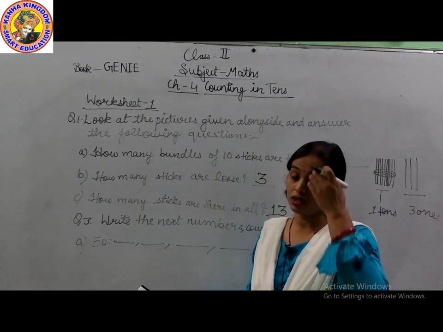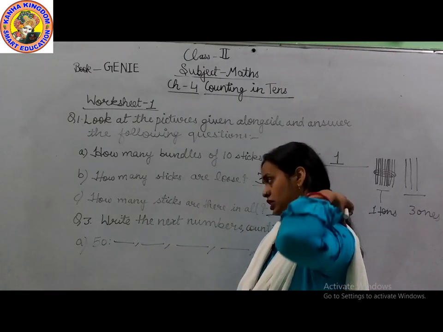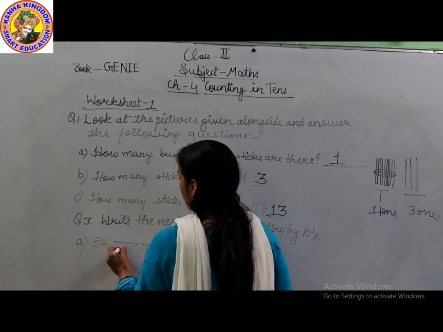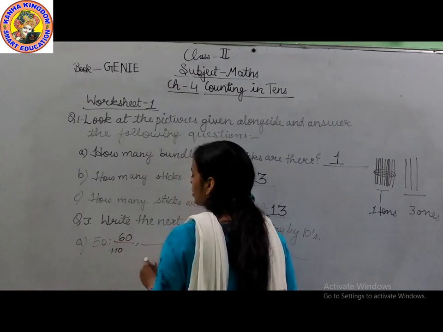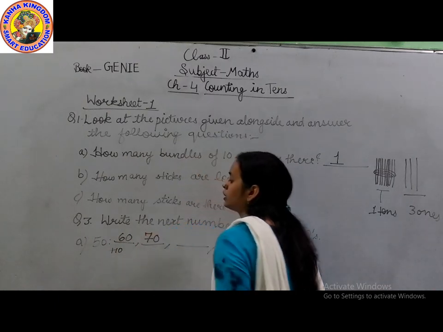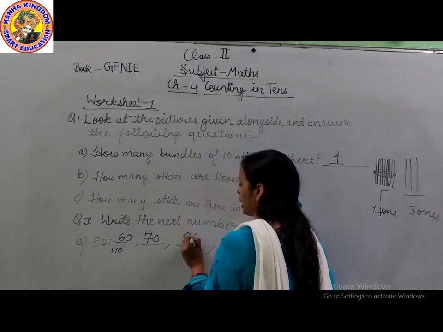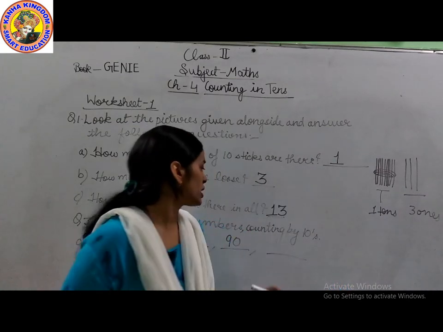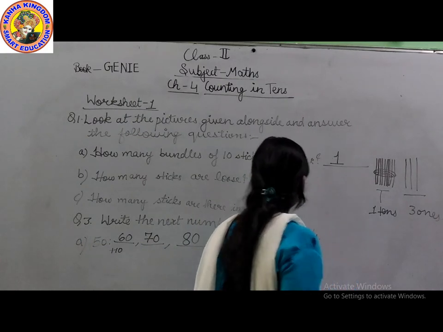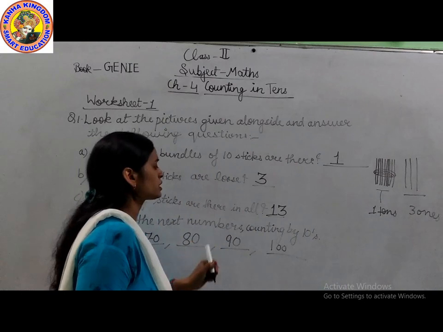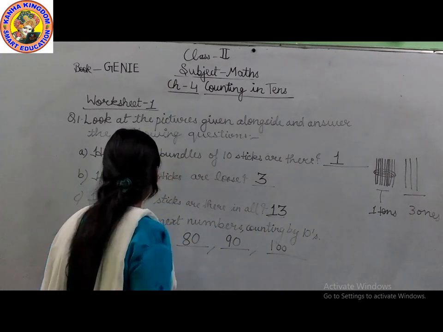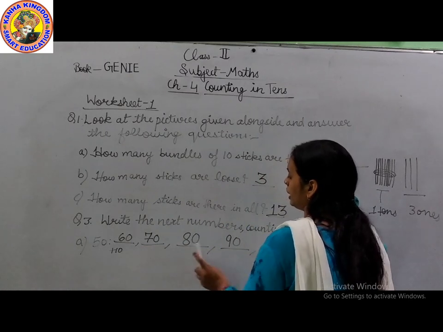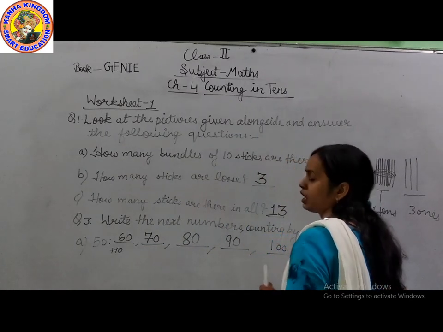So write the next number counting by tens. 50, 50 plus 10, 60, 60 plus 10, 70, 70 plus 10, 80, 80 plus 10, 90, 90 plus 10, 100.